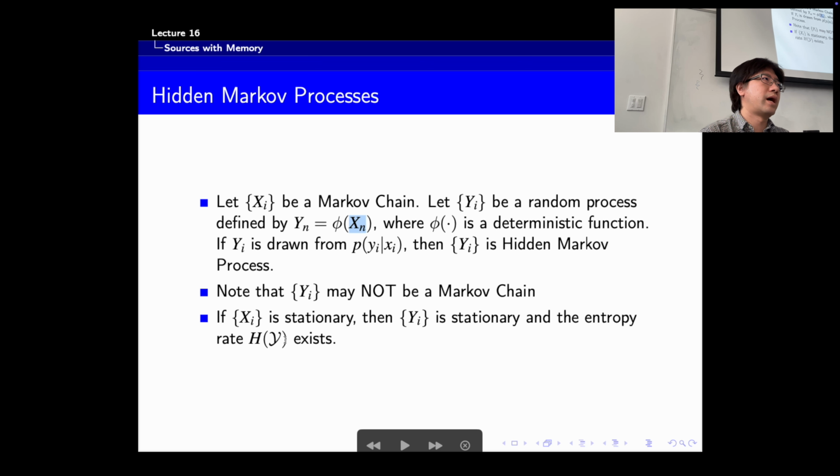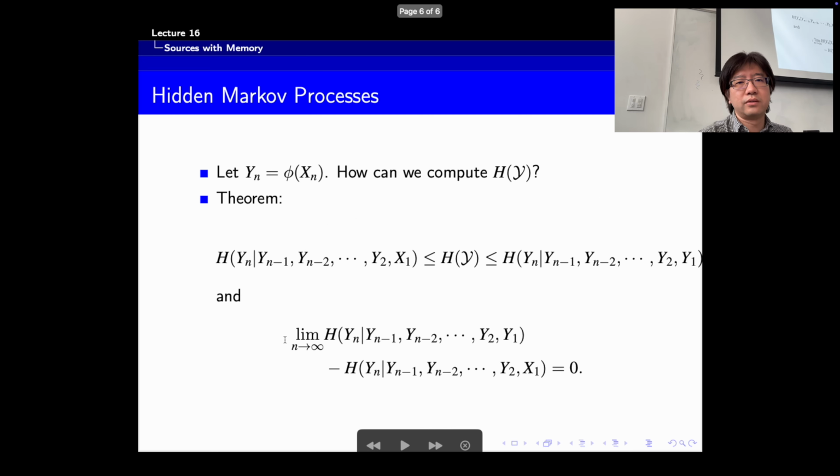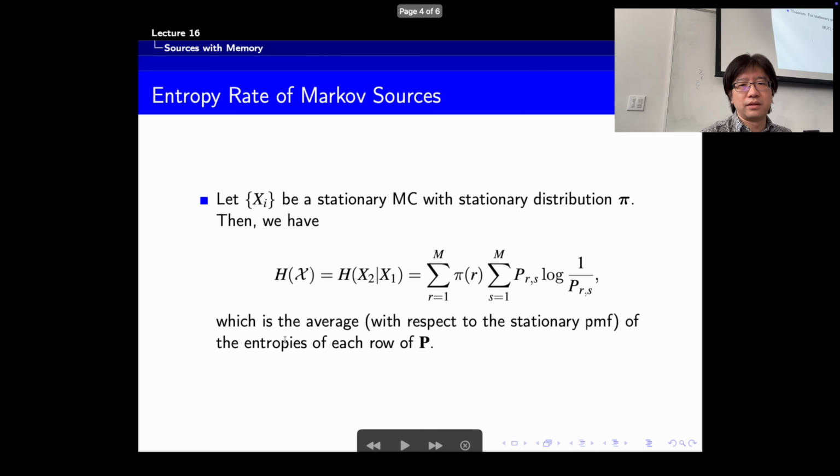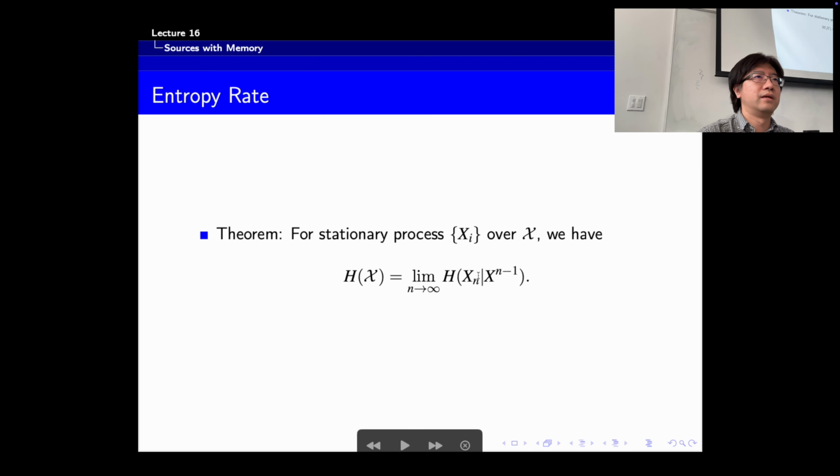Now the question is how to compute the entropy rate of y. Of course, we can use the definition, or rather the theorem, which is given by this. The drawback is that it's hard to know when it converges.